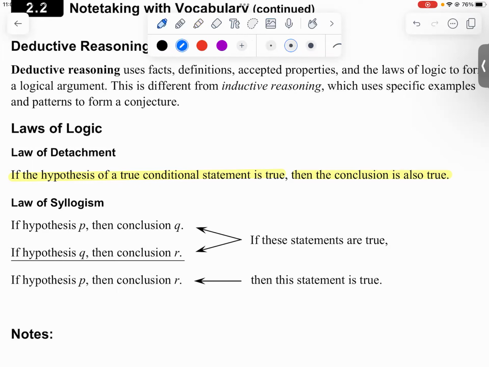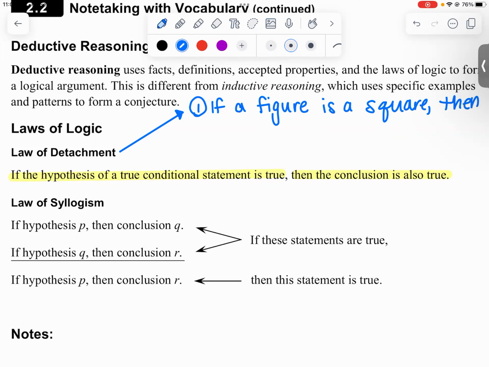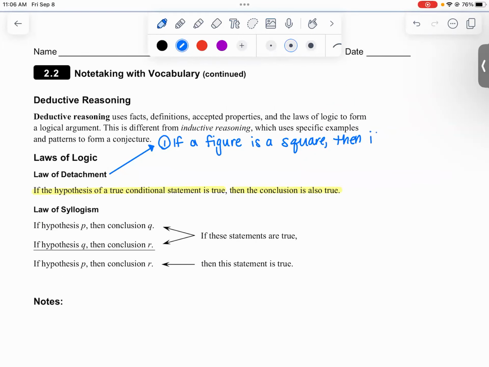So here's what we're looking at. Let's say I gave you this statement. I want you to write it down. If a figure is a square, then it is a rectangle.